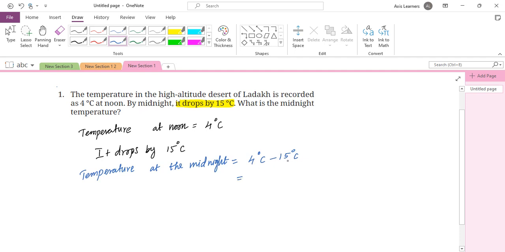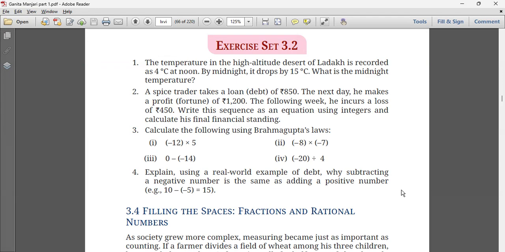Look here, 4 minus 15. If you subtract, this is lesser and this is the greater number. 4 minus 15 is equal to minus 11 degrees Celsius. So the temperature at the midnight of Ladakh is minus 11 degrees Celsius. We got the answer. Next one.